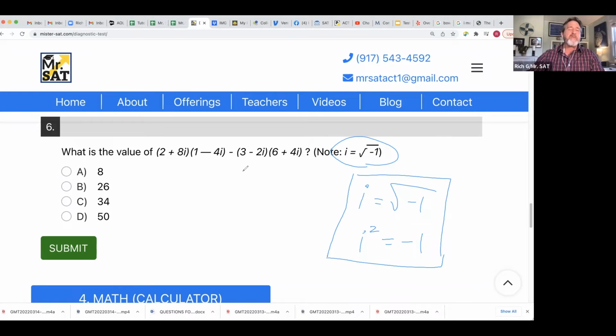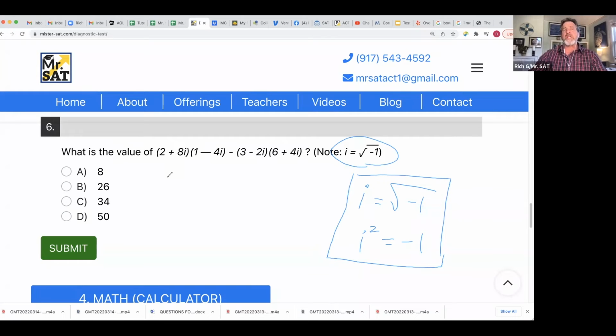In almost every single i problem on the math SAT test, your i's are going to drop out and you're not going to even have to worry about the square root of -1. You'll be left with a lot of i squareds, but all you do is substitute -1 every time you see an i squared. They really are pretty easy if you come in knowing these two things. And I'll show you what we mean here.